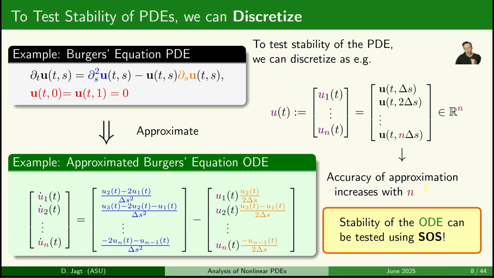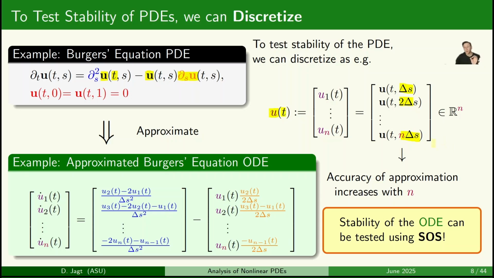Well, by far the most common approach to analyze PDEs is to just discretize them and approximate them by an ordinary differential equation. So for example, if we have a nonlinear PDE, such as this simple Burgers' equation here, we see that we have a nonlinear term over here, then we can approximate our infinite dimensional state u here at each time t by some finite vector u by evaluating the state at these discrete points spaced delta s apart.